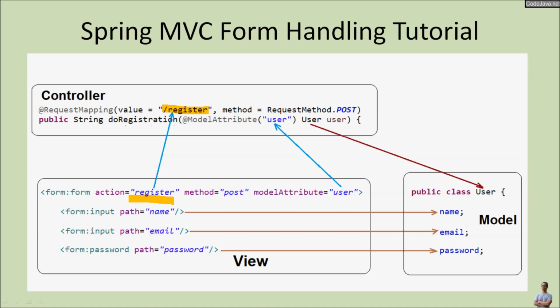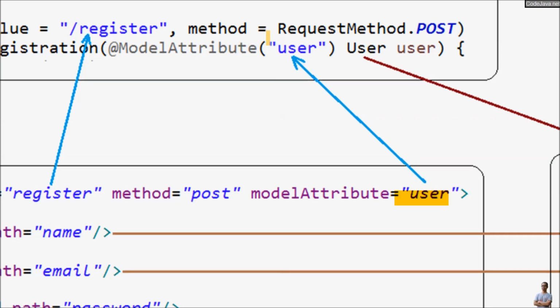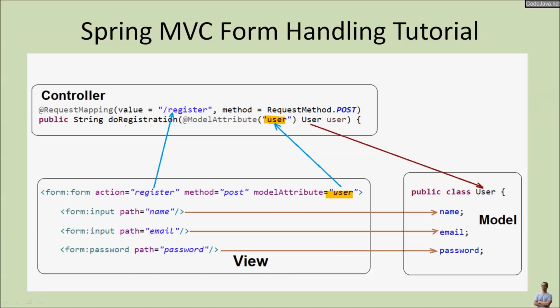And note that important in form handling with Spring MVC is a model attribute here. It specifies the name of the model attribute user, and this name user should match the name user in the handler method in the controller.